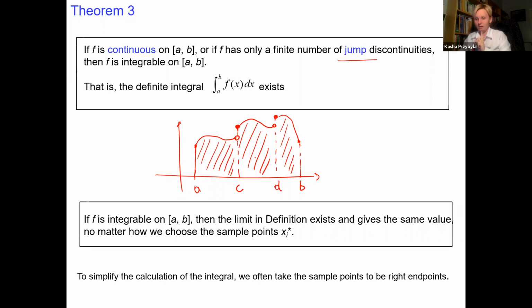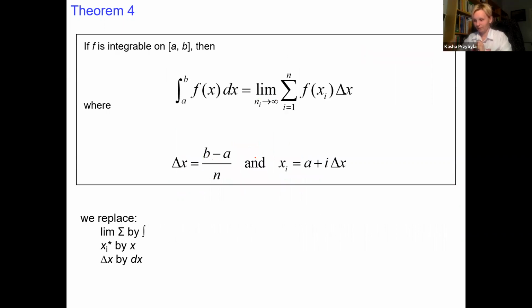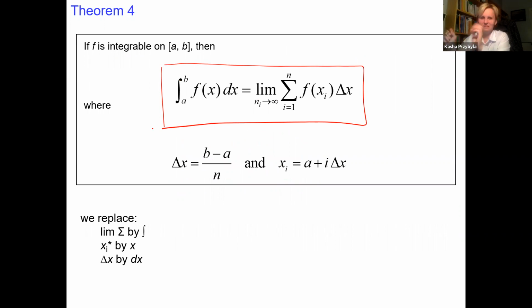Now, I still have this definition. Probably you saw this multiple times tonight. Definite integral means we're replacing with a limit, the sigma function is the function, and dx is replaced with delta x. Delta x is defined like that, and the sample point is defined like that. How can I make sure that you understand this?